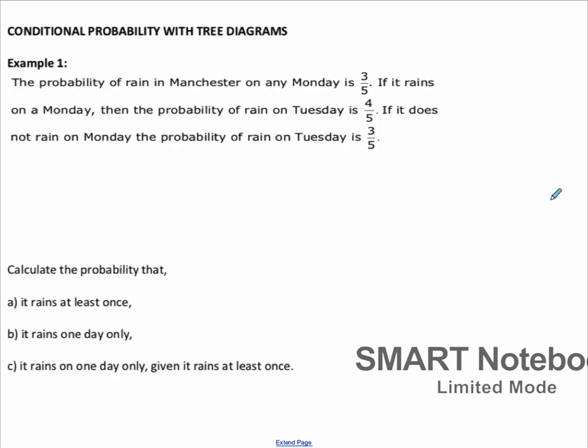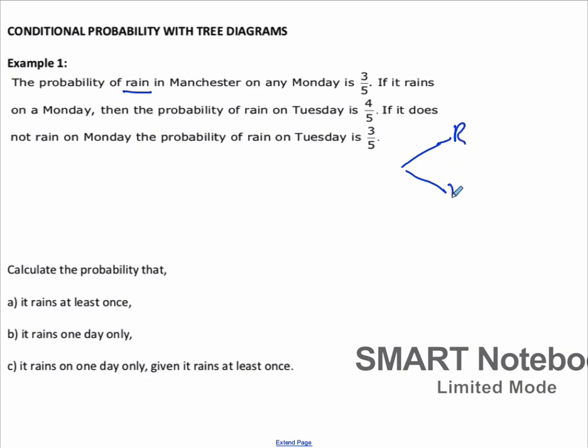Okay, now this is a tree diagram question. So I'll draw a tree diagram, and in this case, the formula is most useful for these tree diagram questions, really. I'll draw the tree diagram right over here, it'll give me some more room. The probability of rain on Monday is 3/5.